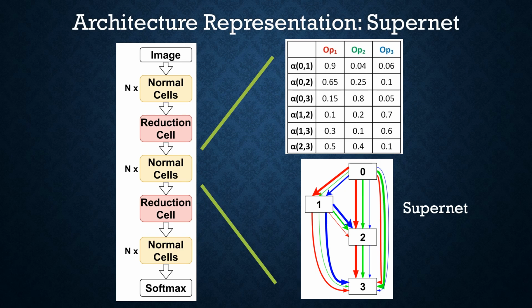If we just train the supernet, we get the fitness value of the architectures in the search space. Now to represent an architecture in the search space, we use an architecture parameter called alpha, which is basically a 2D matrix.